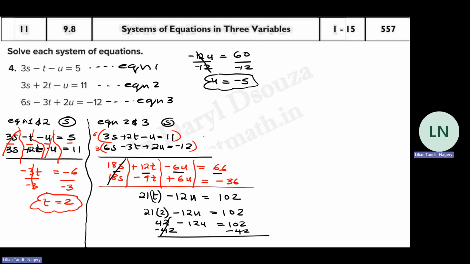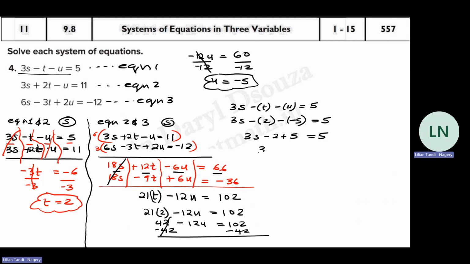Now I have both T and U. I can substitute in the first equation to get S. So I will do 3S minus bracket T minus bracket U equals 5. 3S minus bracket 2 minus bracket negative 5 equals 5. 3S minus 2 plus 5 equals 5. 3S plus 3 equals 5, so 3S equals 5 minus 3, which is 2.